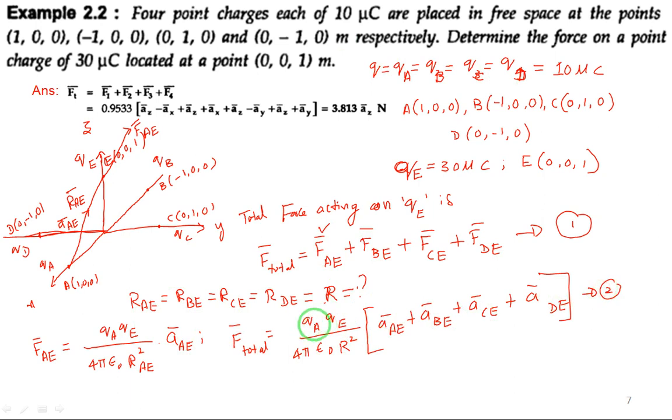QA is equal to QB equal to QC equal to Q. Instead of QA, I can simply write Q because I am taking it common. Q is equal to QA, equal to QB, and equal to 10 microcoulomb. This is fine. Okay, I'll go to the next slide and write the same formula.